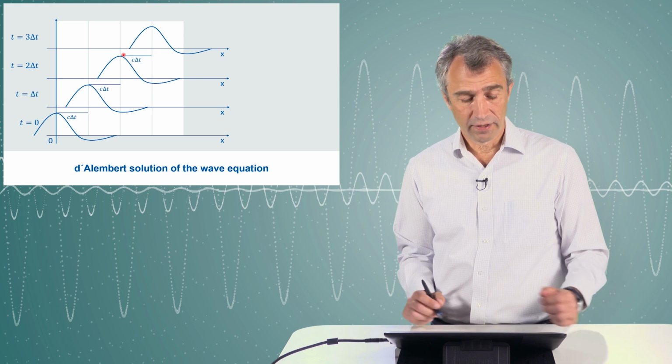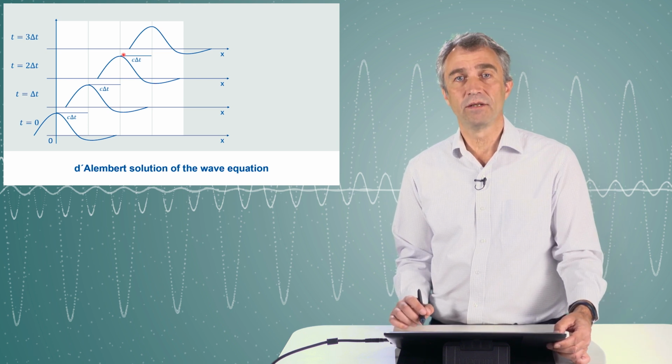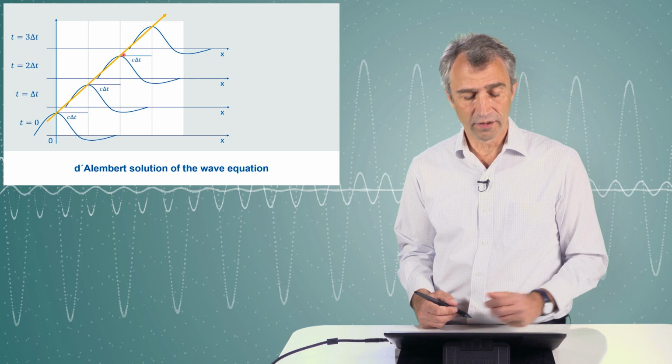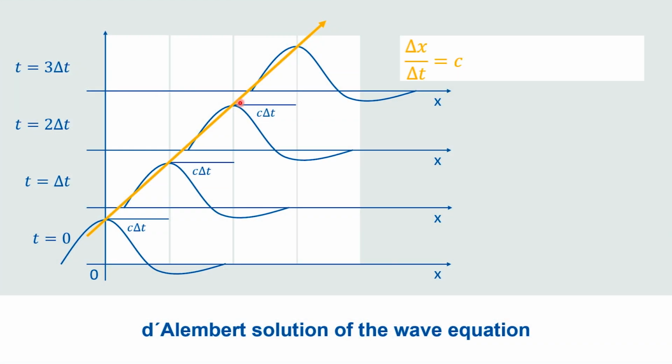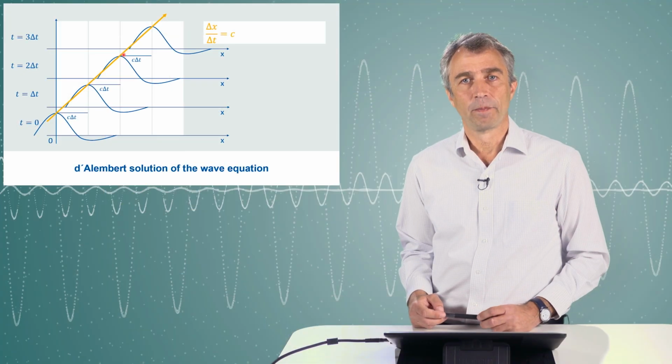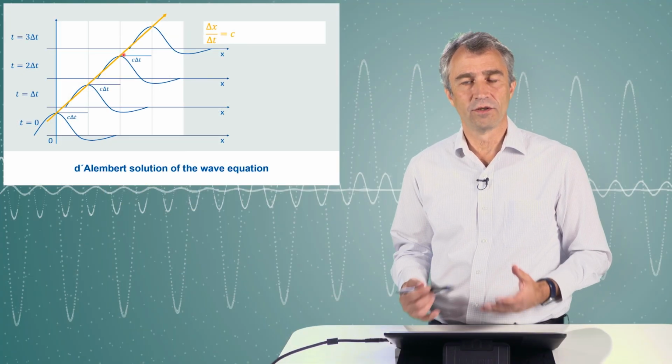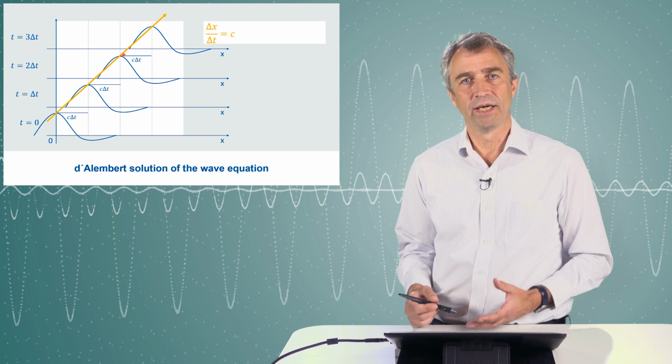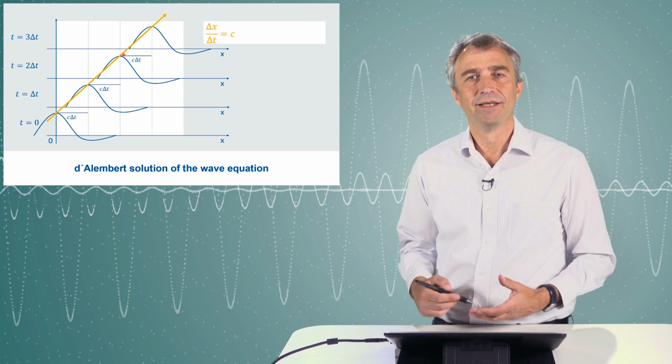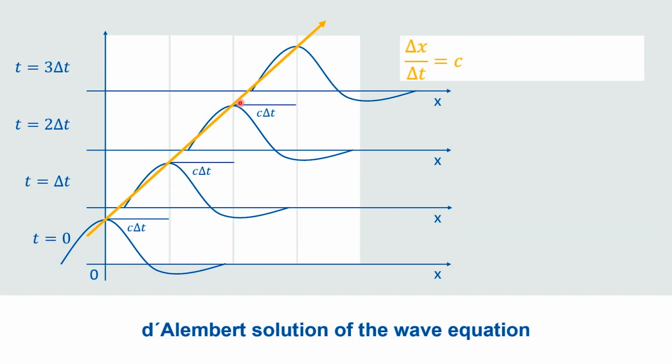Okay, this is a very nice plot because we can see there's a certain slope involved with that, and the slope has an amount of delta x divided by delta t, and this slope is according to this internal structure of x minus ct exactly c. C is obviously the speed of this effect, which is a propagating effect of this function.